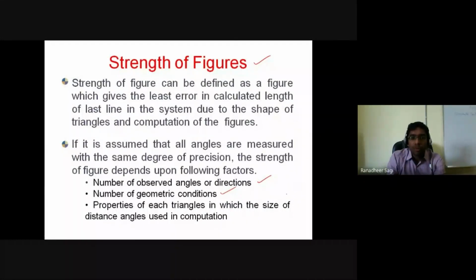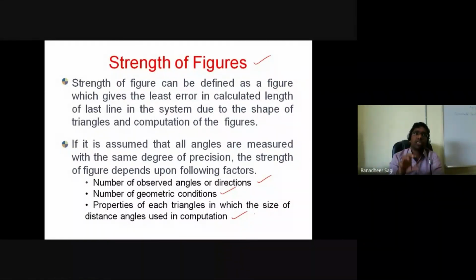Next, the properties of each triangle, in which the size of the distance angles is used in computation. When you are trying to find out the unknown sides, you are using some distance angles, so to what accuracy they are measured matters. We said earlier that in a triangulation network, for more accurate computation, the triangle should be an isosceles triangle with base angle so and so.